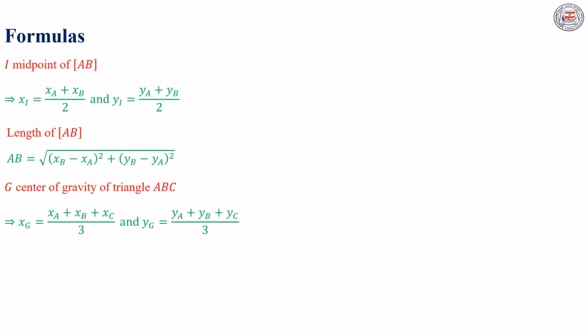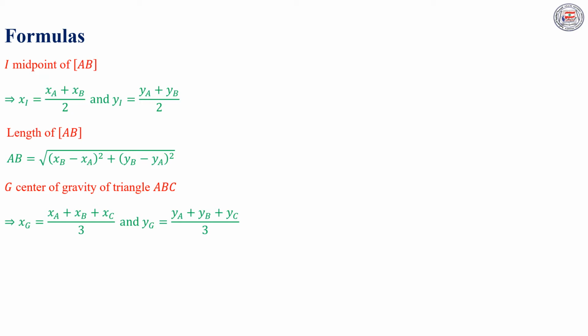As a reminder of the formulas, if I is the midpoint of AB and we need to calculate the coordinates of I, then xI equals (xA plus xB) over 2 and yI equals (yA plus yB) over 2. If we need to calculate the length of AB, then AB is equal to the radical of (xB minus xA) squared plus (yB minus yA) squared.